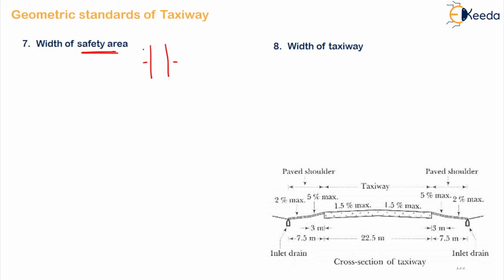One is the shoulder would have been naturally protected with low growing vegetation, or the second one is by stabilizing using granular material coating where the soil or the climatic condition do not permit easy maintenance of plantation. So by these two ways your shoulders were protected.